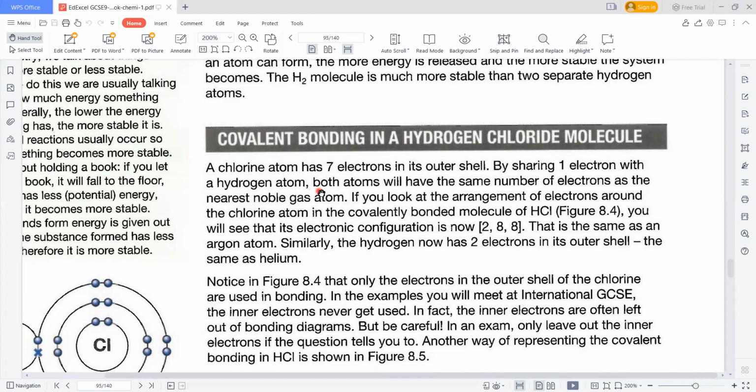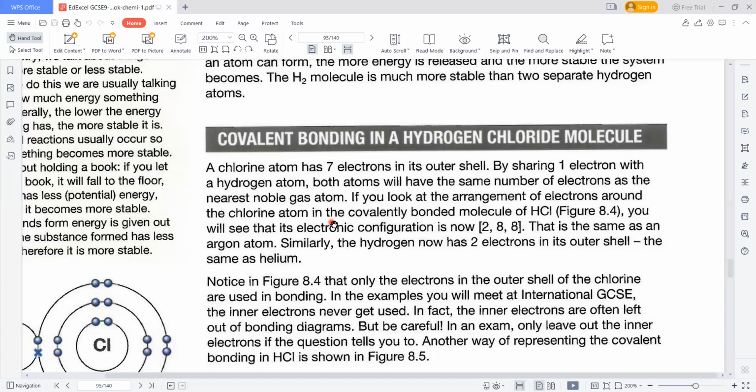Again, the idea is the same: either donate one or accept one to attain an even number. Now, when we say it is creating HCl, it means it is creating a slightly polar bond, a polar covalent bond. Hydrogen is positive and chlorine is negative, so they create poles. Due to these poles, they attract each other strongly.